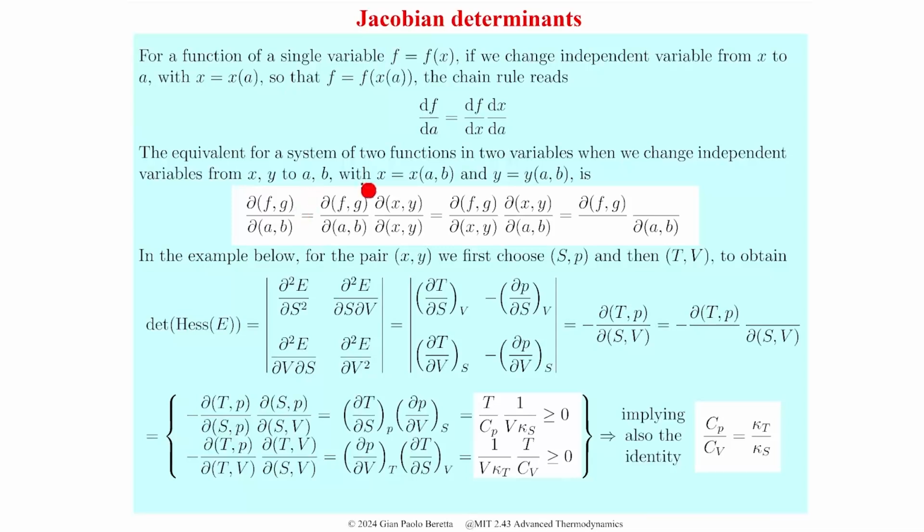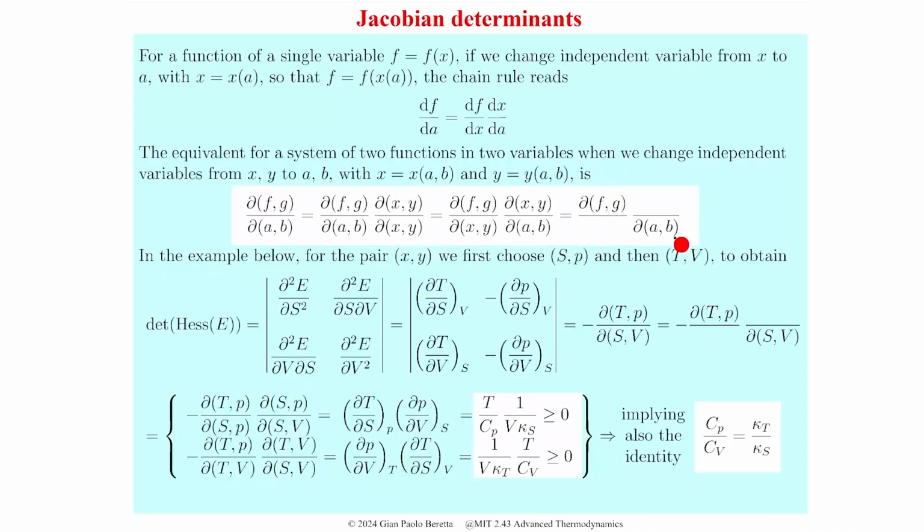And the derivative, actually the Jacobian of f and g with respect to the new variables, is equal to the Jacobian with respect to the old variables times the Jacobian of the old variables with respect to the new ones. And formally, you can write this result. Suppose you delete these two, so you view this result as simply the Jacobian of f with respect to a.